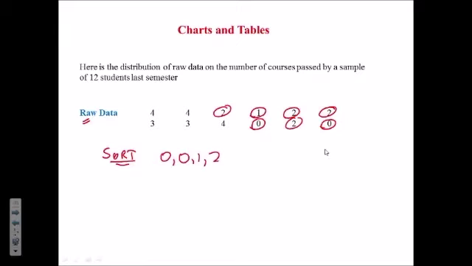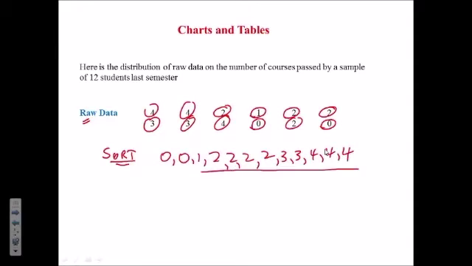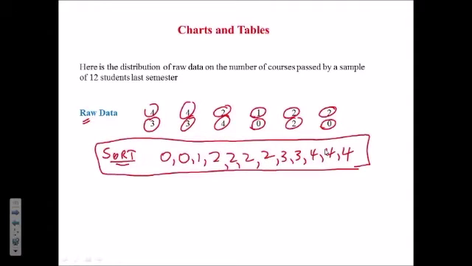We have 4 2s. Then we have 2 3s. And we have 1, 2, 3 4s. Well, this is a sorted distribution. This would be more useful than just the raw data.